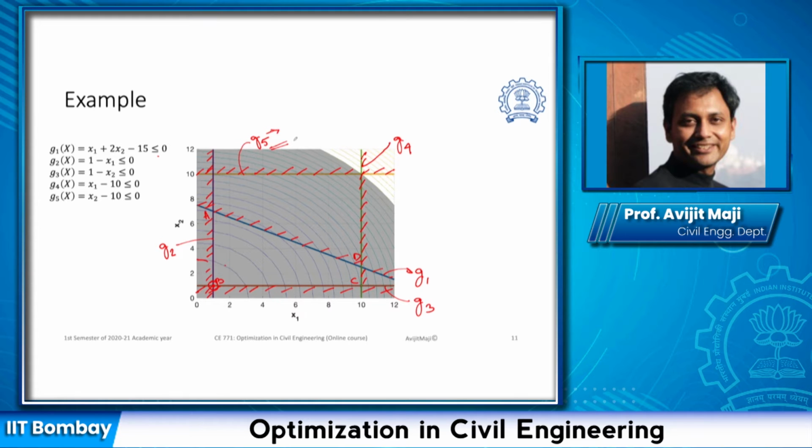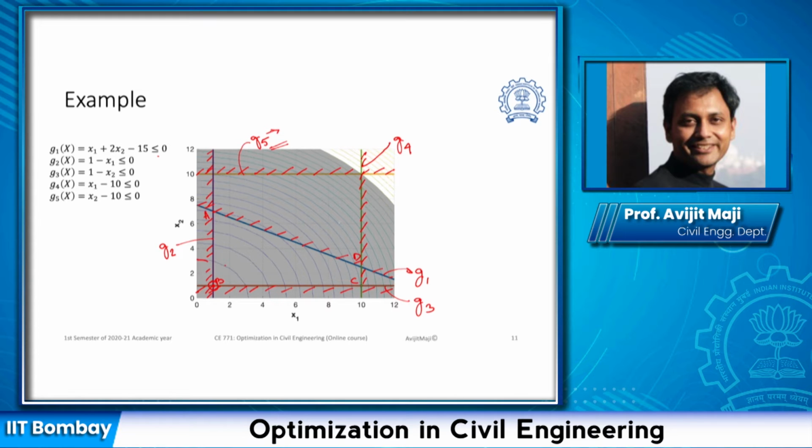So 2 variables means at a time we can have at max 2 active constraints, and our solution is going to be at the locations where my active constraints are satisfied. So if I am looking into the active constraints G2 and G1, then my solution point would be somewhere here.